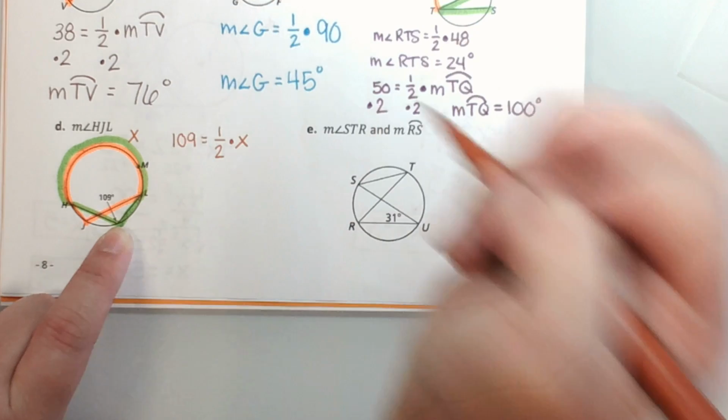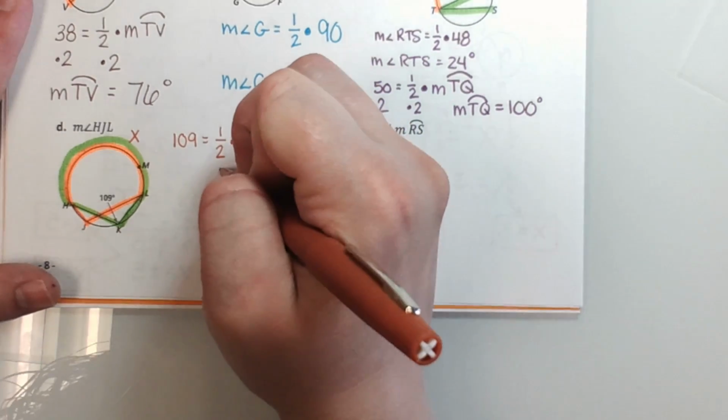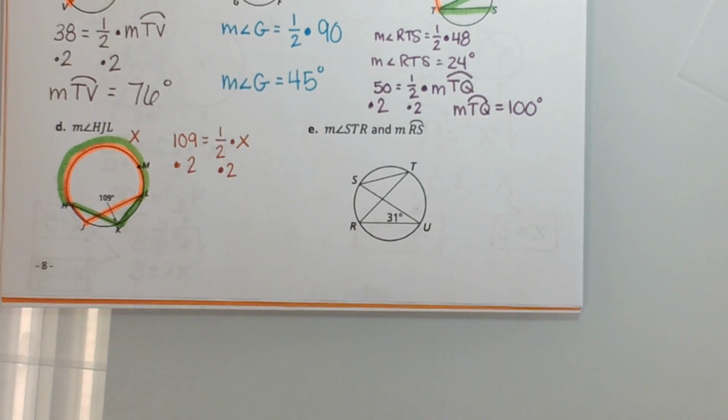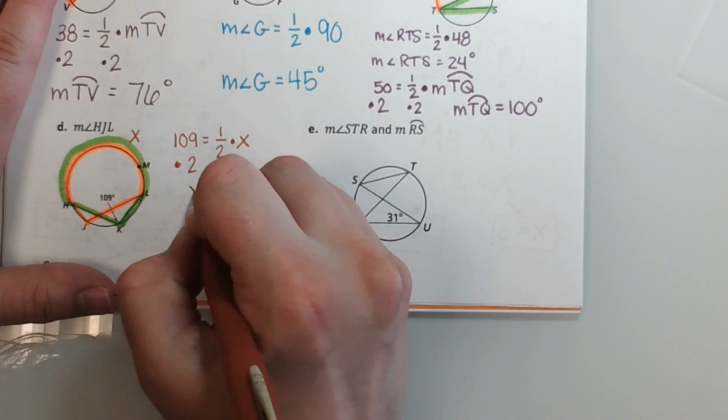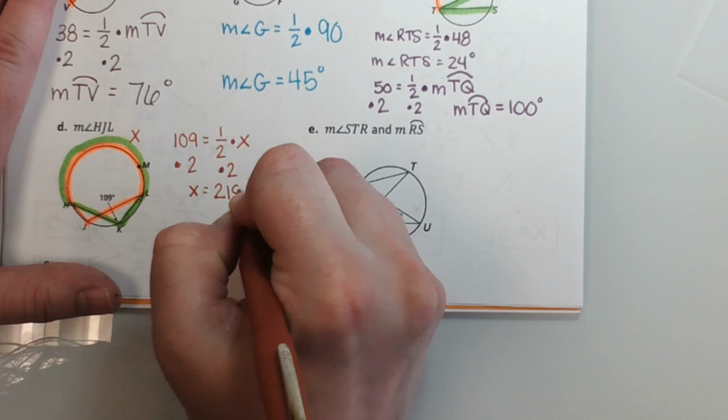For the sake of ease, let's move to an x. And yes, to get rid of a times 1/2, you multiply by 2. You're multiplying by the reciprocal. X, in other words this arc, is going to be 218 degrees.